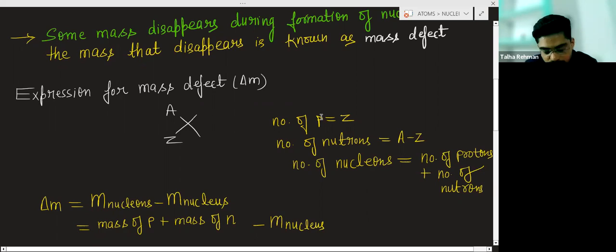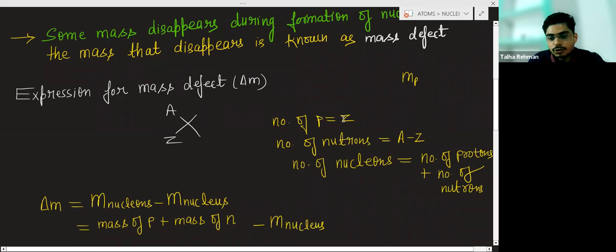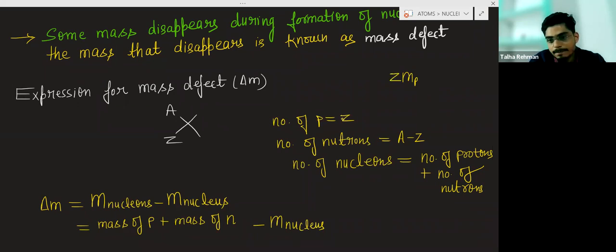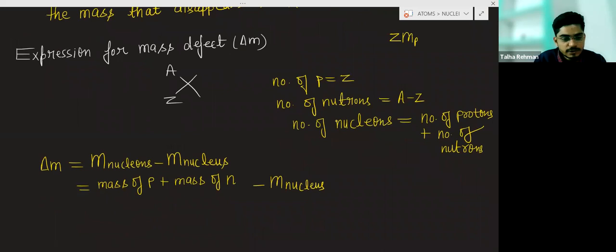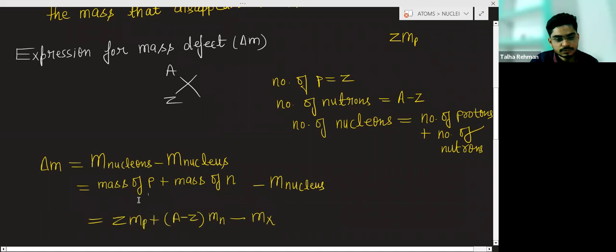So for one proton, the mass is Mp, meaning mass of proton, and for Z protons, the mass will be Z Mp. So mass of protons will be Z Mp. And mass of neutrons: total number of neutrons A minus Z, multiplied by the mass of one neutron. And this is the mass of X. Mx means mass of the nucleus of this X element. So basically this is the final expression for mass defect.